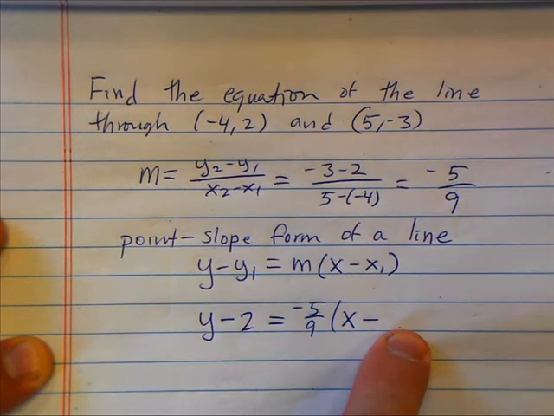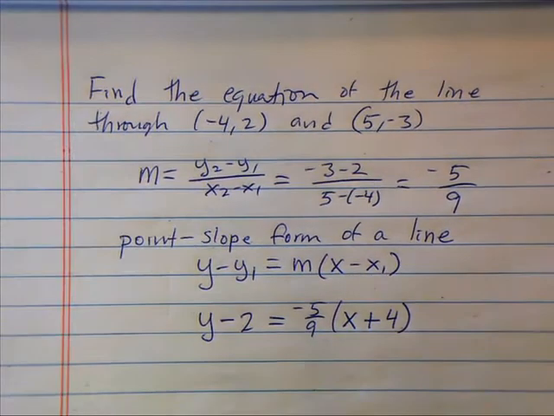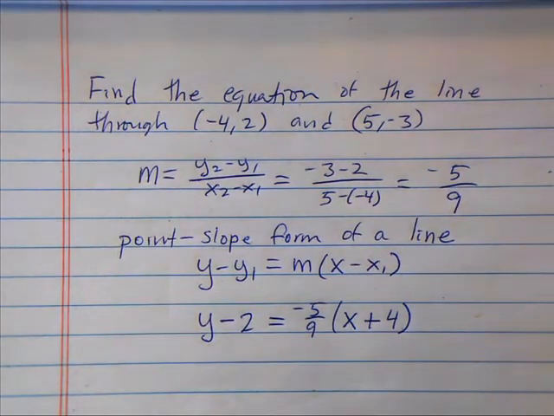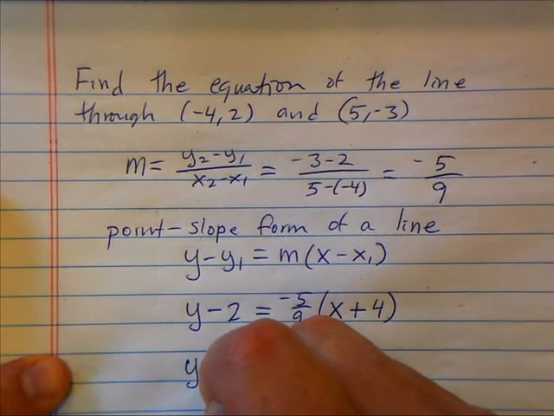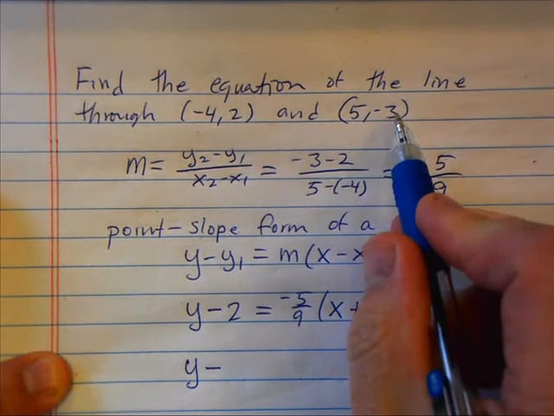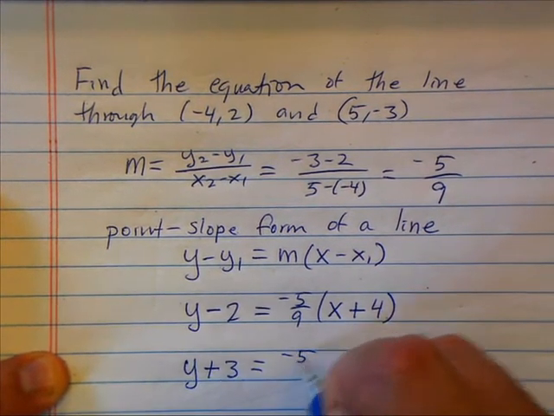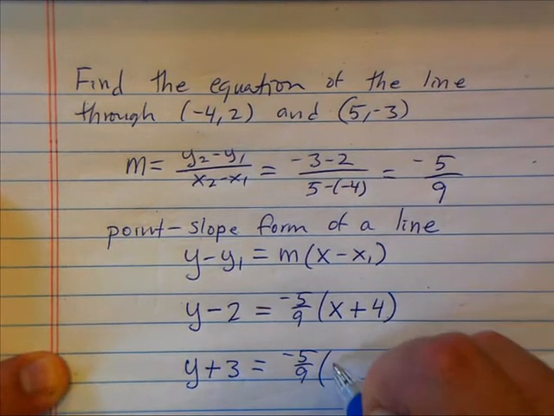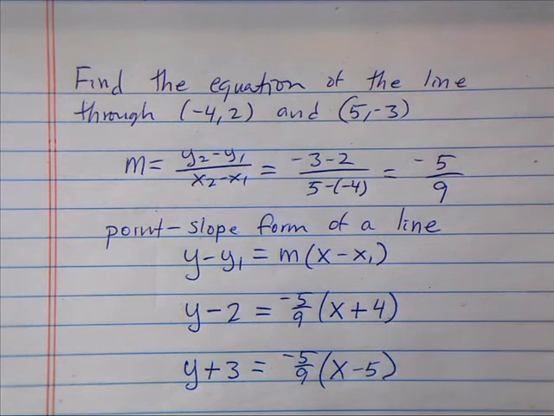Two minuses make a positive. It would not matter at all which one you use. So another correct answer would be y minus negative 3. That becomes y plus 3 equals minus 5/9 times x minus 5. So there are two different ways to write the equation of that line. What's the advantage of doing it this way?